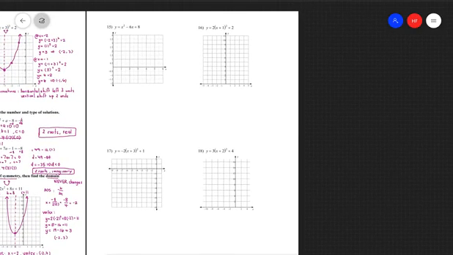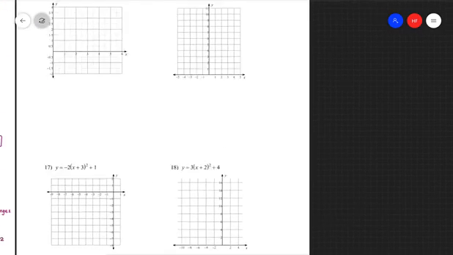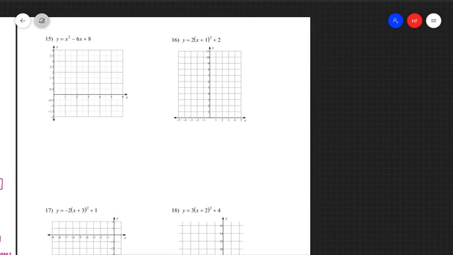We'll do the same thing on number 16, but now we're dealing with vertex form. So we still need to find the axis of symmetry, the vertex, domain, and range. Now when we're in vertex form, we get our vertex from right here.